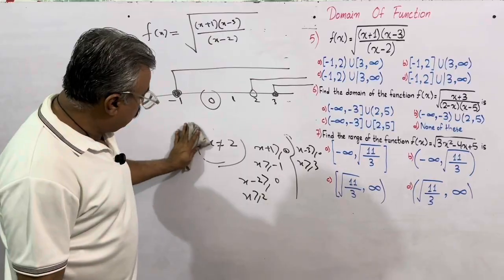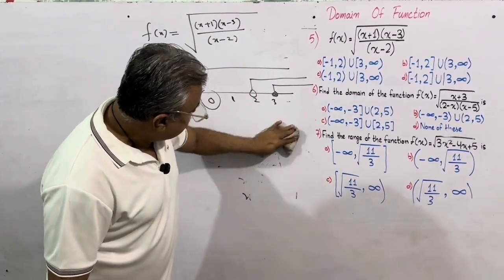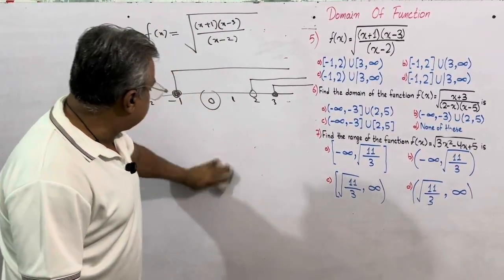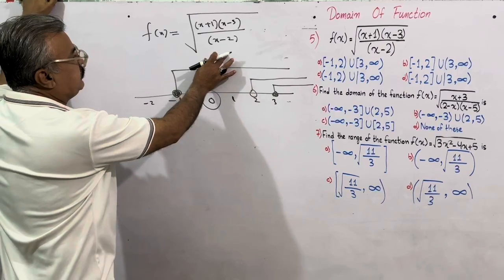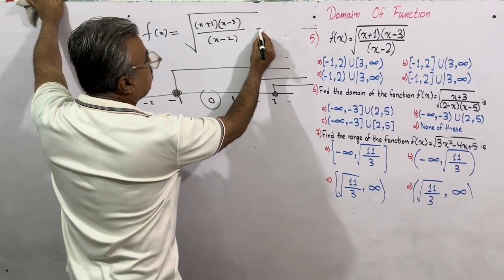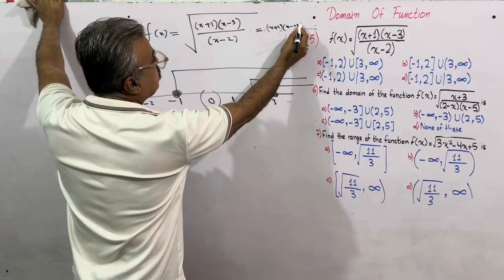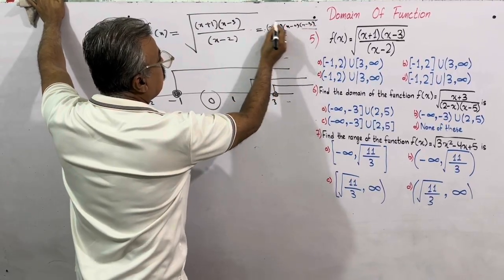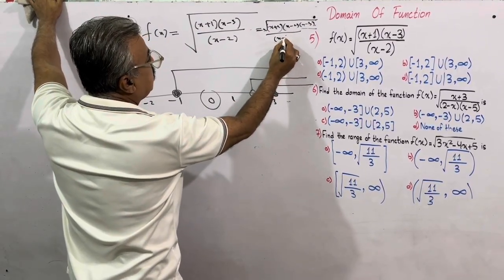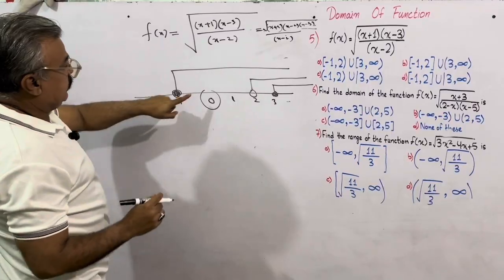Now checking which one is our interval that satisfies this function. This function can also be written as the square root of x plus 1, x minus 2, x minus 3 divided by x minus 2. Okay.